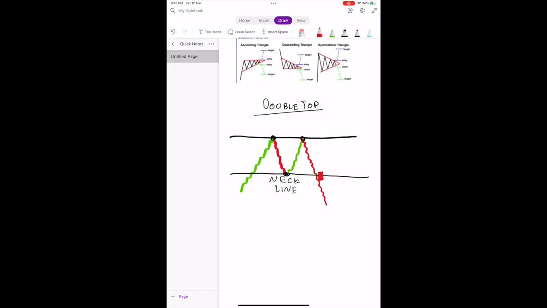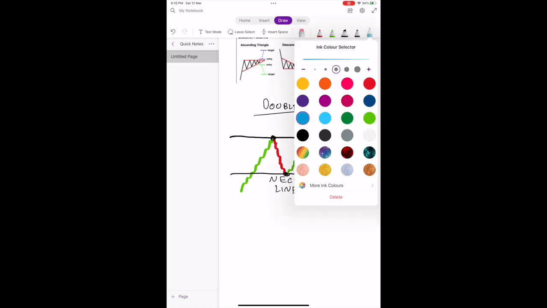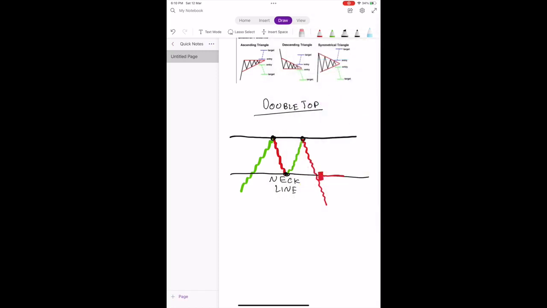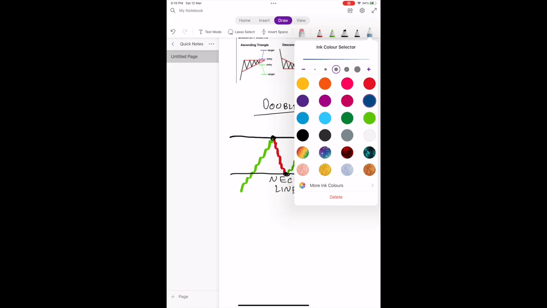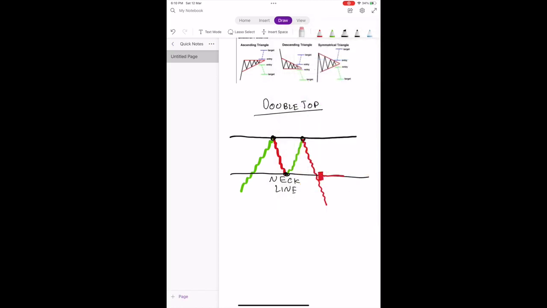enter this trade. If it's an intraday option buying scalping, we can keep the stop loss as the neckline itself. If it's an intraday trade, we can keep the stop loss as the neckline itself.